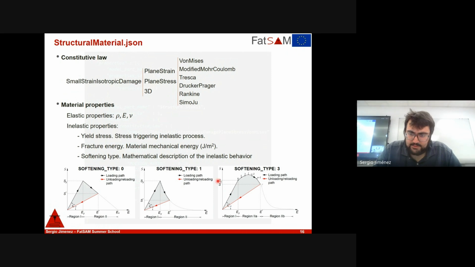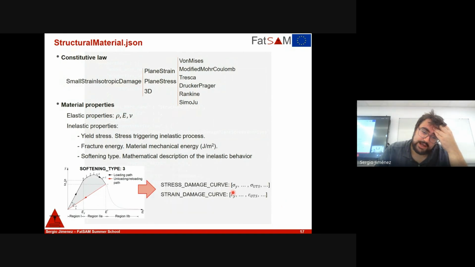Then for the type 3, this by points curve, the extra information that needs to be introduced in the material JSON, in the structural material JSON, that I have not included in the previous slide are these two vectors.